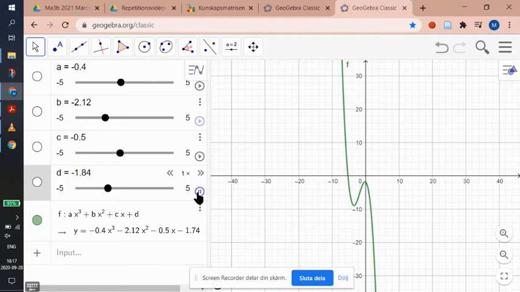The d value just moves it up and down in a vertical direction. Okay, so that means that when d is negative 0.1, then the graph is 0.1 units lower in the y direction than it is when d equals 0, for example. Okay, so to describe all this would be quite a very challenging task.